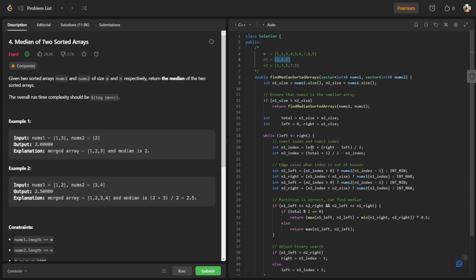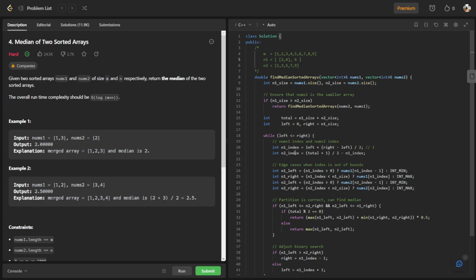So this is left 0 plus 3 minus 0 divided by 2, which is basically 1. So I have separated the partitions to be like this. I'll space it out so it's easier to see.